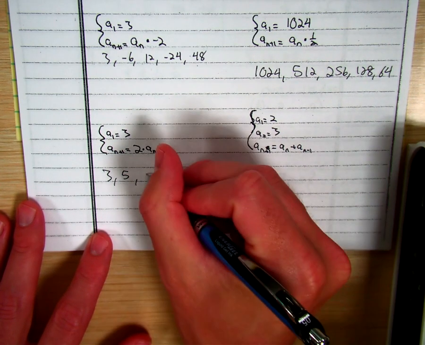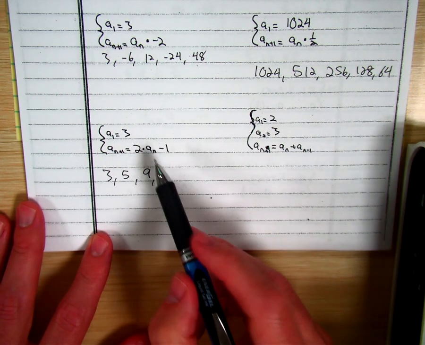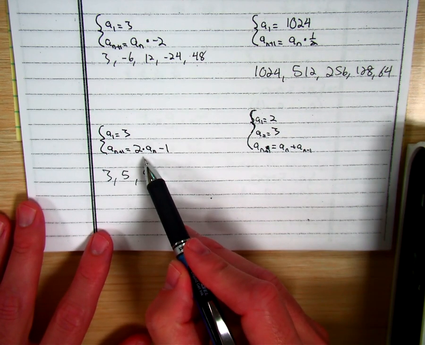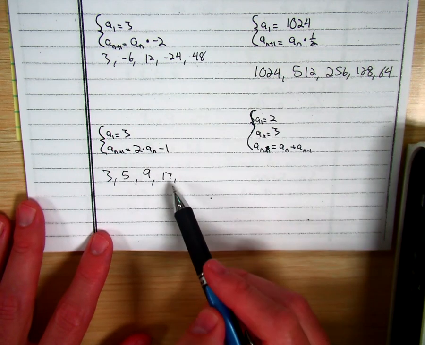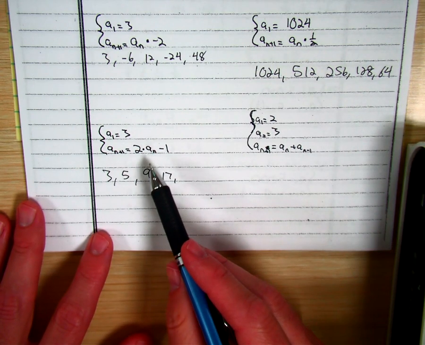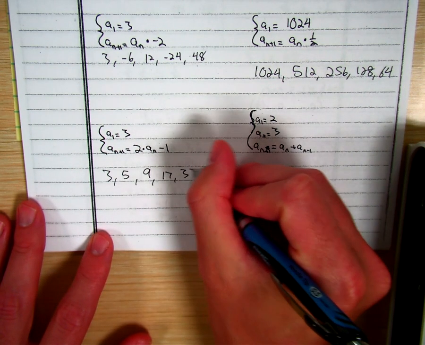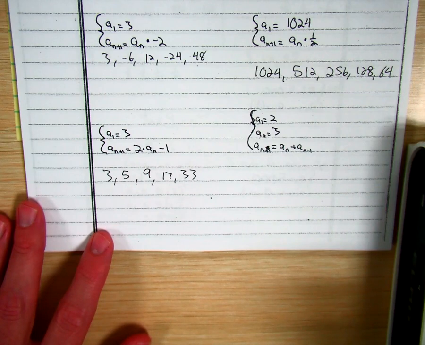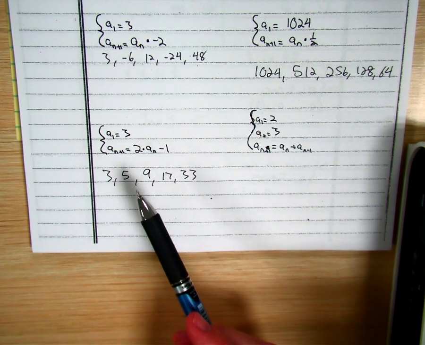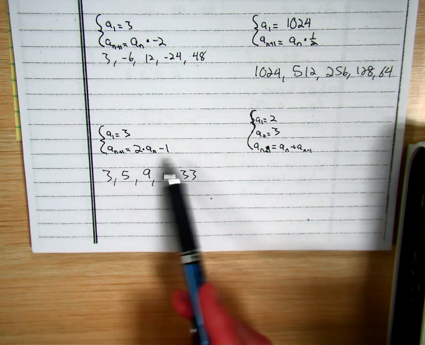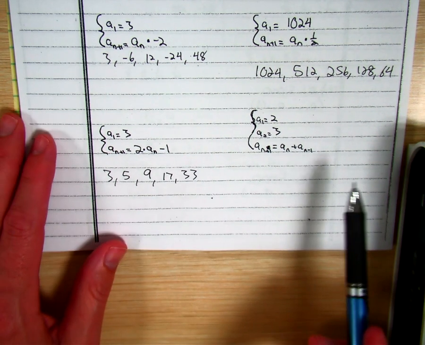Minus 1 is 9. 9 times 2 is 18. Minus 1 is 17. 17 times 2 is 34. Minus 1 is 33. So that was an interesting one where we're doing a combo, multiplying and subtracting.